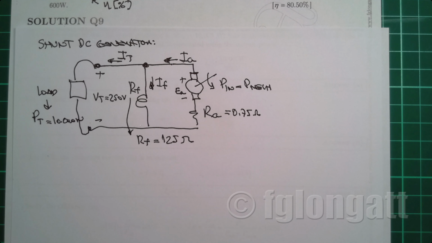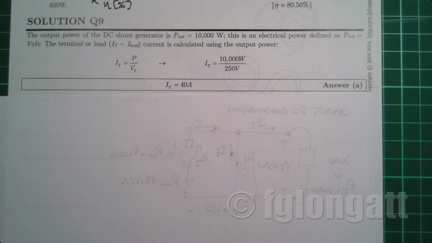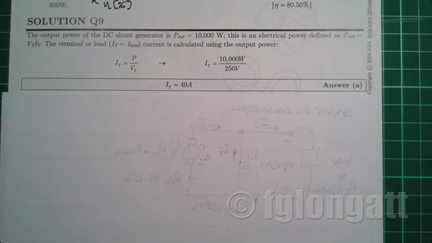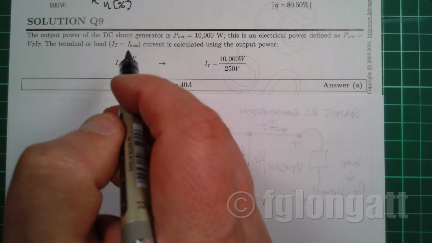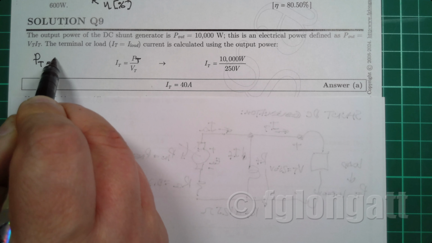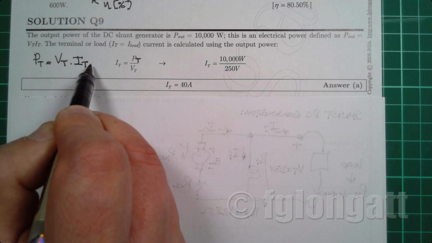Now it's very simple because when we know the circuit model, what we need to do is start to apply circuit analysis. The first question is extremely simple because we have been asked about the terminal current. If you remember, the terminal power is the terminal voltage multiplied by the terminal current.